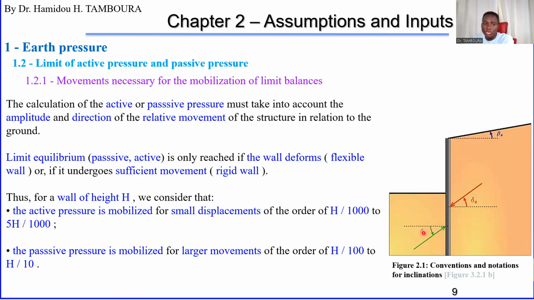For example, if the height of your retaining wall is 10 meters, you can take 10 divided by 10, it means 1 meter of displacement before this is mobilized. Or divided by 100 means 0.1 meter. Between 0.1 to 1 meter. This is just a range before this passive pressure is mobilized.